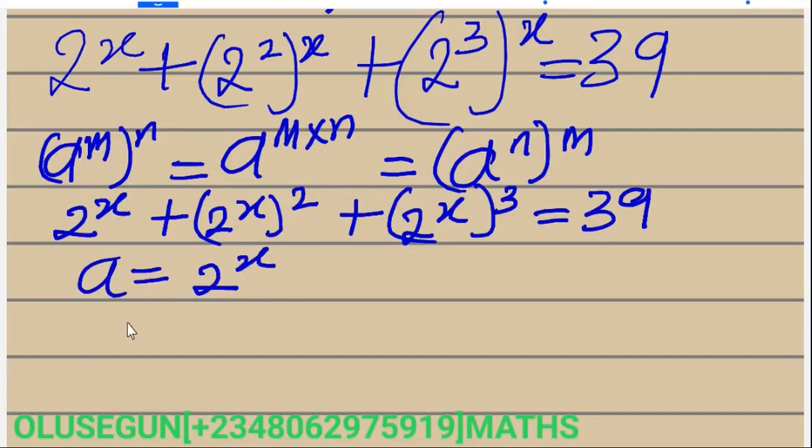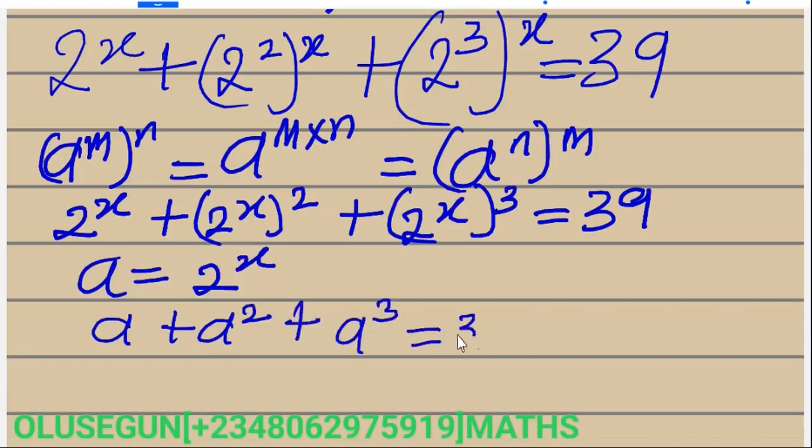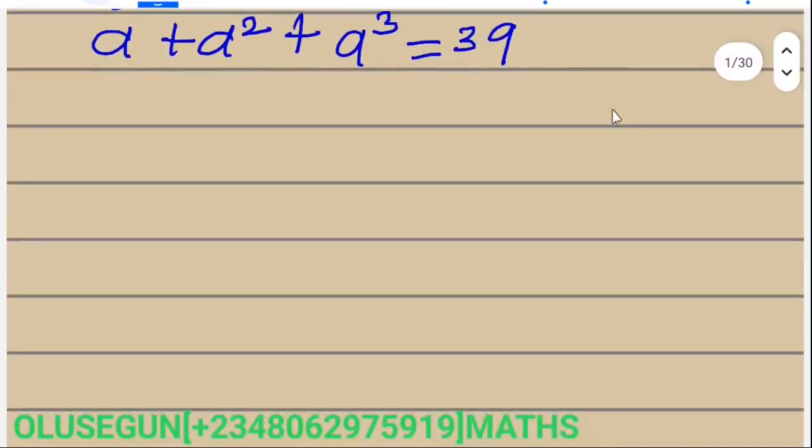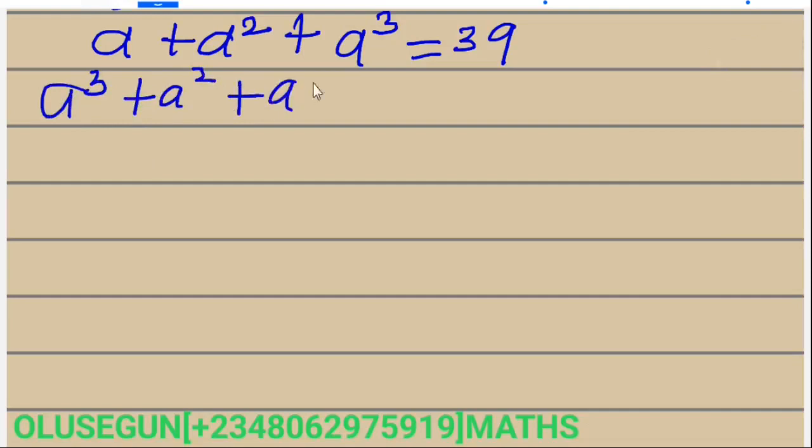So we have a plus a squared plus a raised to power 3 is equal to 39. This is the third degree equation. But let's rearrange this equation very well to say a raised to power 3 plus a squared plus a is equal to 39.